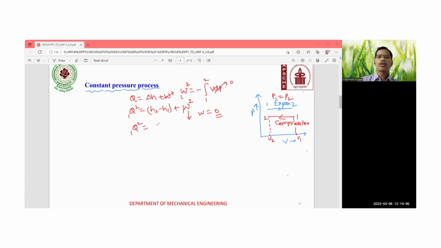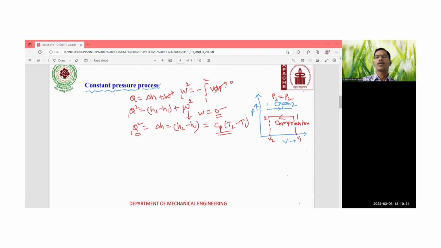Q12 is nothing but delta H, which is H2 minus H1, and this change in enthalpy is a function of temperature. You can write it as Cp into T2 minus T1, right? So this is the heat transfer relation, and the work transfer is 0. This is the heat transfer and work transfer relation for a constant pressure process.